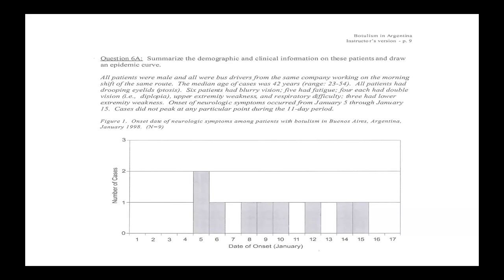So somewhere between the 4th and the 5th is where we think the exposure occurred. If there was a peak, then you could count back the median incubation period from the peak of the outbreak. But in this case, we don't really have a peak. Okay, so let's move on to the next question.